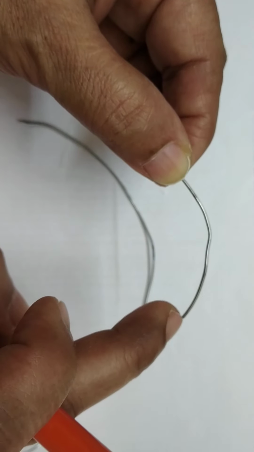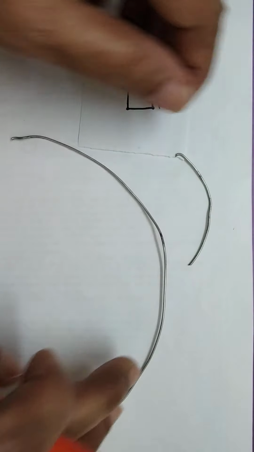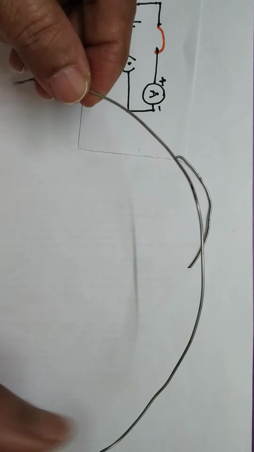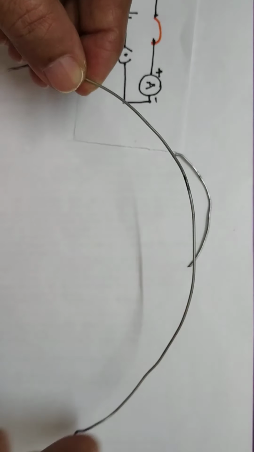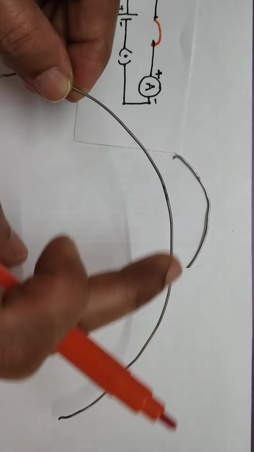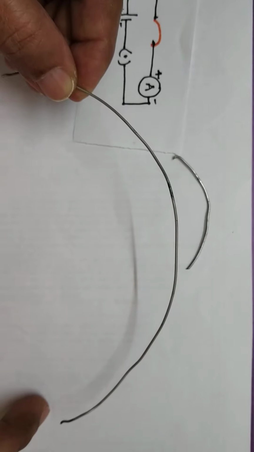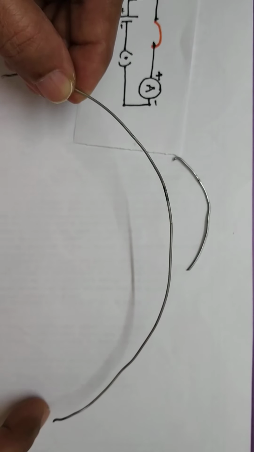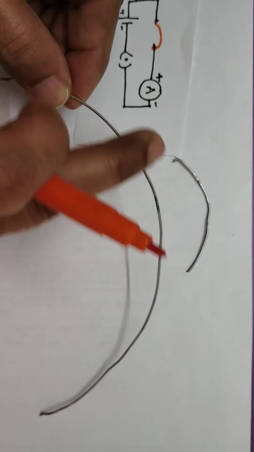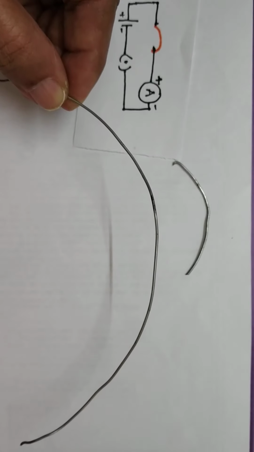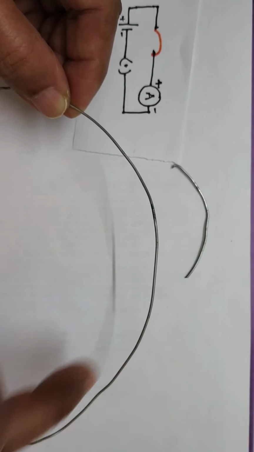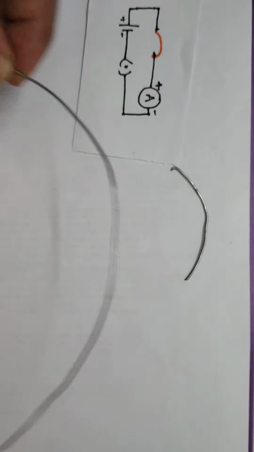Less will be the obstructions. But here, when the length is more, all the way they have to go, so more obstructions they find on their way. And thus you can say resistance will be more when the length of the wire is more, because electrons find more obstructions on their way.